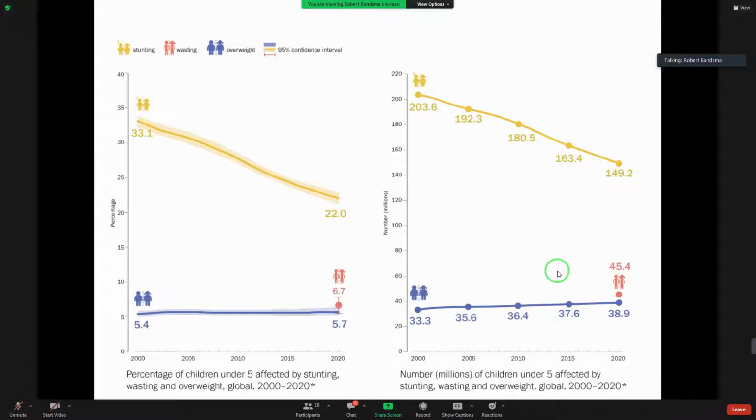The yellow-orange line represents children with stunting. You can see that the percentage of children with stunting has decreased from around 30% to 20% over the last 20 years. So that's a significant drop.